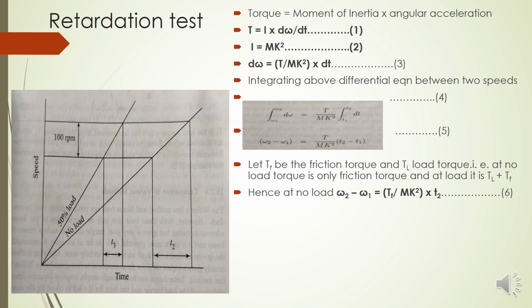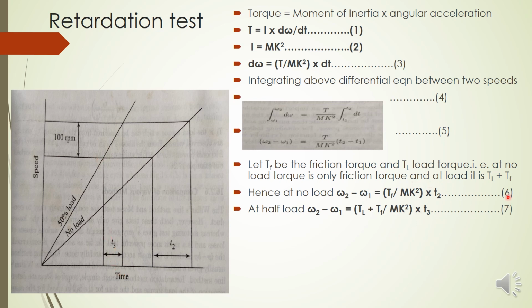Similarly, substitute for the half load. Here, same equation, but two differences: the torque will be TL plus TF because load is also there, total torque being frictional torque plus load torque, and the time changes. The time for this speed reduction at half load is T3.